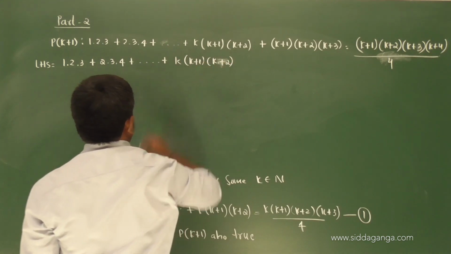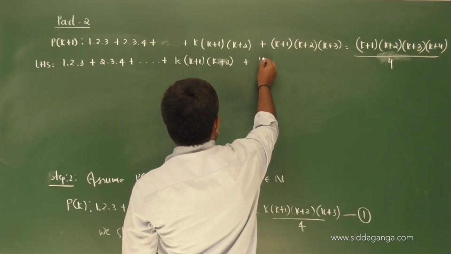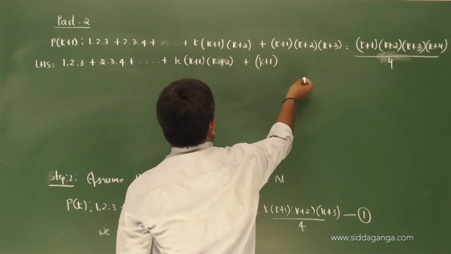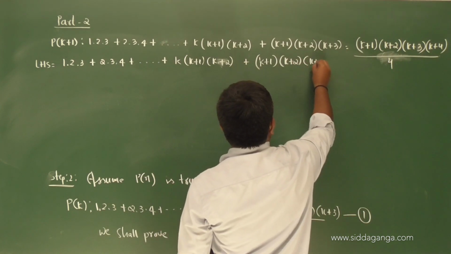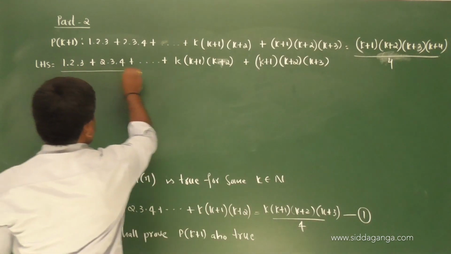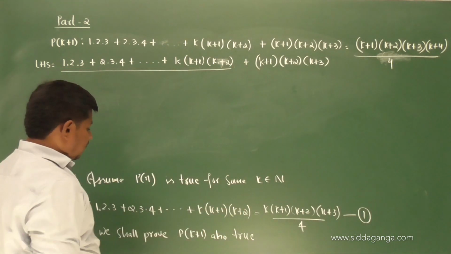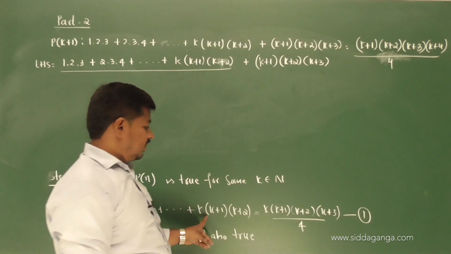Plus, this is what? Kth term. K plus 1th term is given by k plus 1 into k plus 2 into k plus 3. This is what k plus 1th term. So, till here we have the result from equation 1. So, from equation 1 we have till kth term the result.